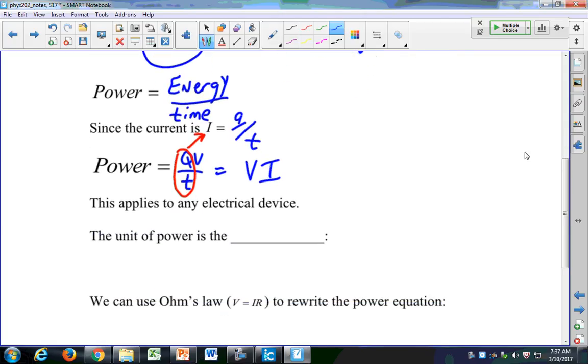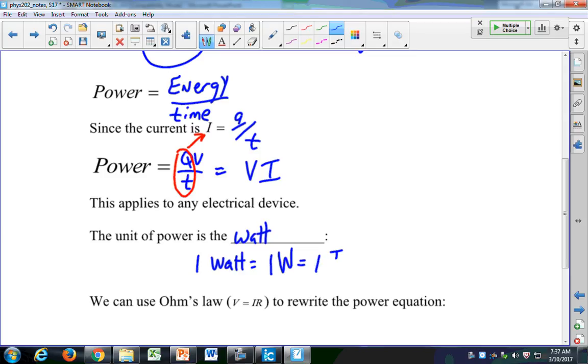It applies to any electrical device, and the unit of the power is the watt. Remember with watts that 1 watt, when we abbreviate it, it's capital W. So this is the W that you see on the end of your light bulb. It gives the power rating of your light bulbs or whatever electrical device you have.